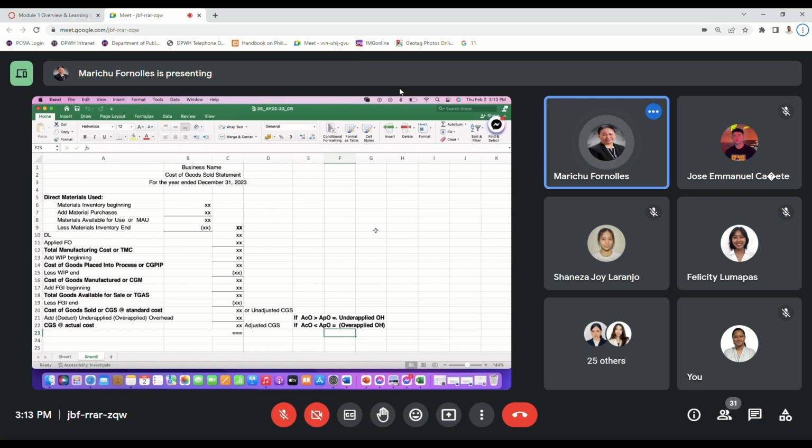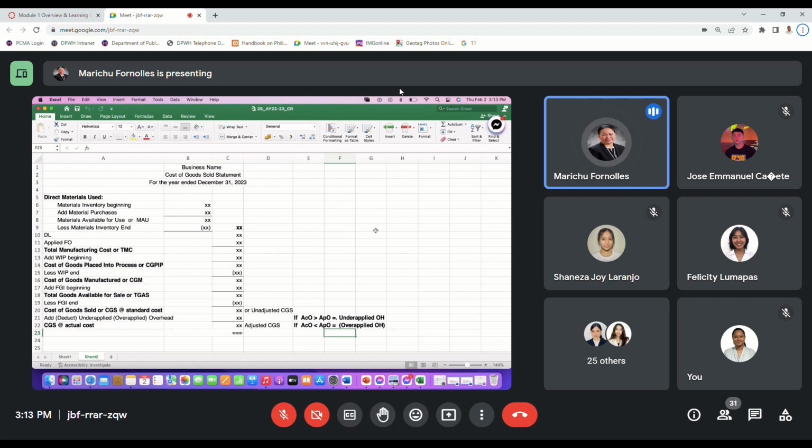So for manufacturing firms, which is now the focus of our discussion in cost accounting, a manufacturing firm, as you all know, is a type of business that requires the conversion of raw materials into finished products.